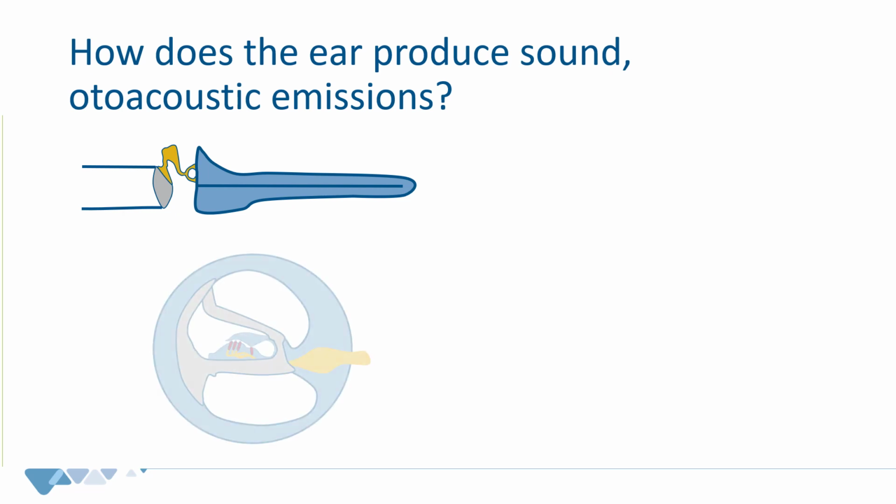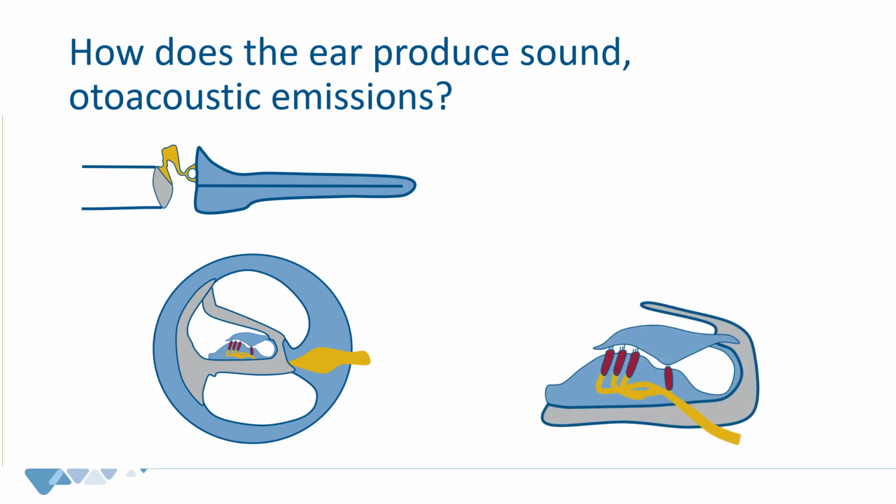So here I have the same picture again. And then what I want to show you is if you take a cross section of this basilar membrane in the other direction, then what you see is the inside of the basilar membrane. And if we zoom into that, you see actually the structures where we have inner and outer hair cells.